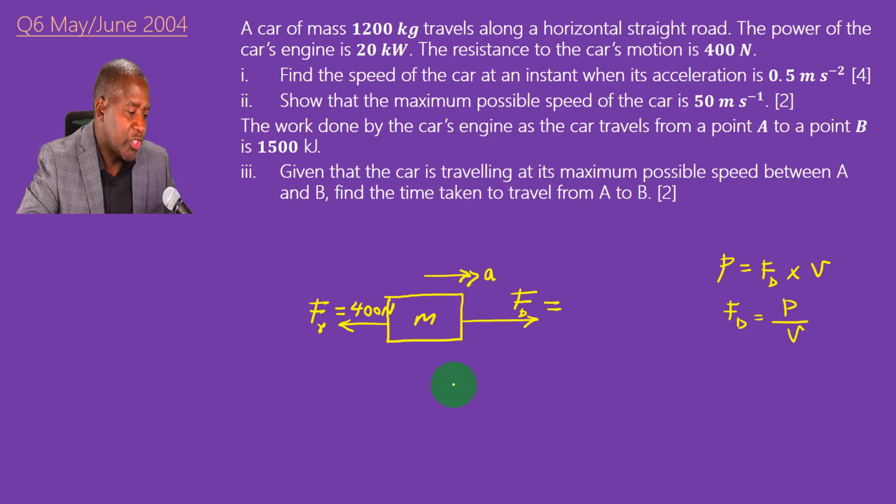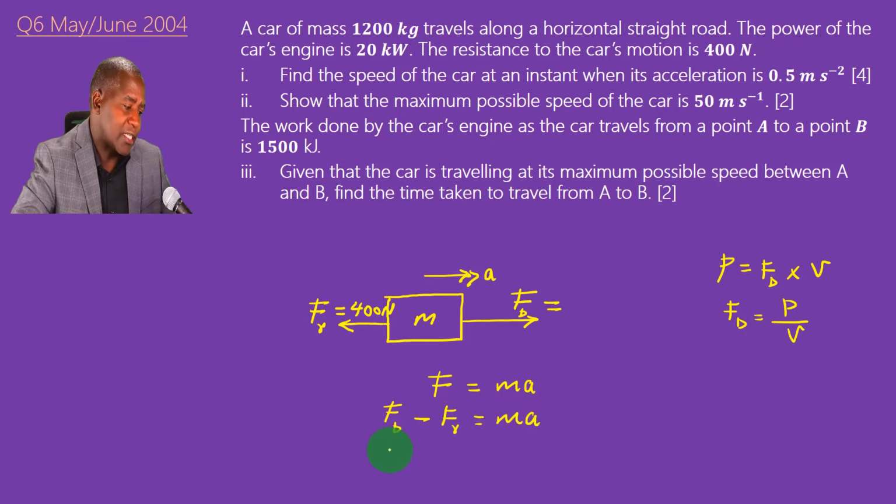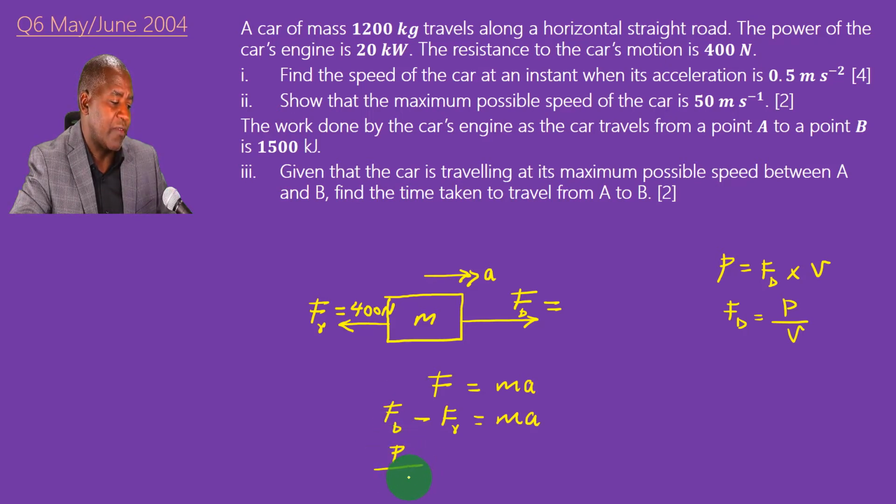So when we use the equation F is equal to ma, F, which is the resultant force, is equal to ma, we realize that this resultant force is obtained by the driving force minus the resistance is equal to ma. And it is at this point that we substitute this driving force by the power divided by the speed. At that instant of time, this is what we have. So that is the equation that we are going to use.